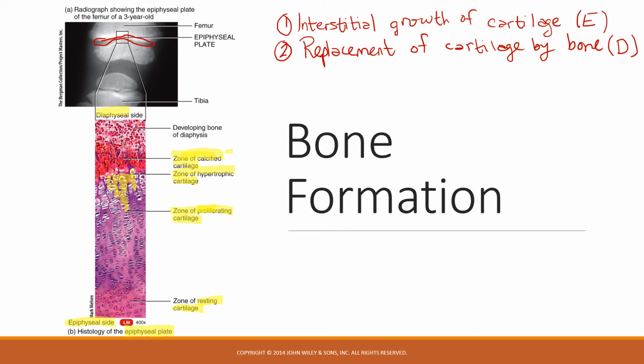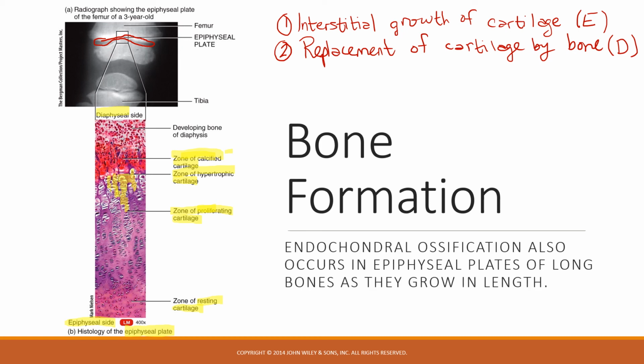So bone grows in this way by the proliferation of chondrocytes, which then die and are replaced by osteocytes. You can see here, this is how they grow in length in the epiphyseal plates.